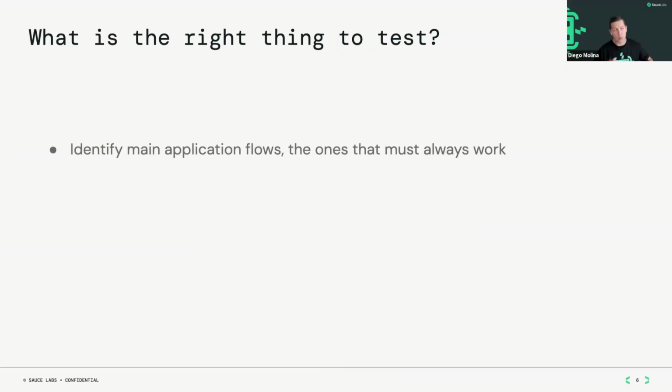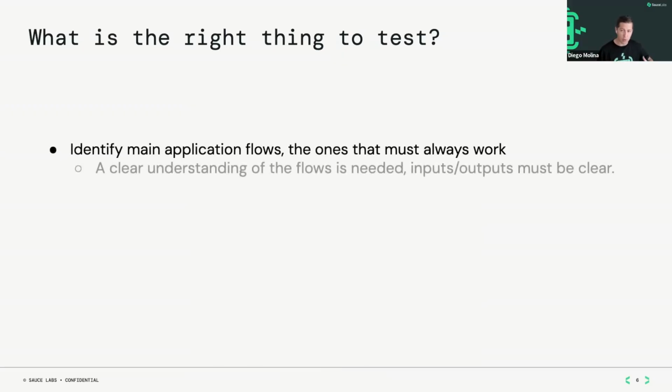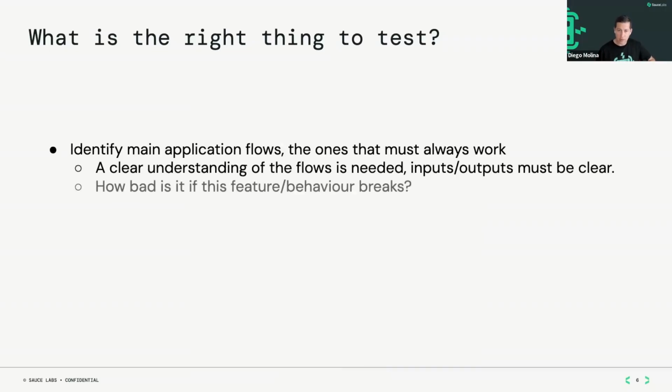So when we think about what's the right thing to test, usually what we have to do is understand our application. And when we understand our application, we start figuring out what are the main things that should always work.